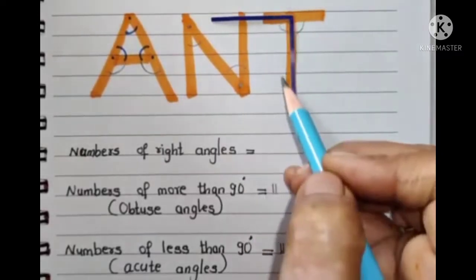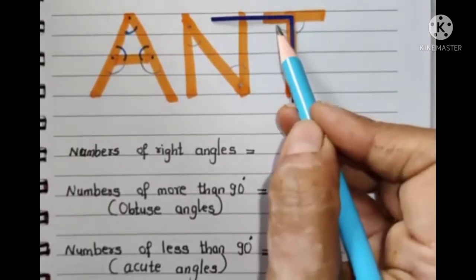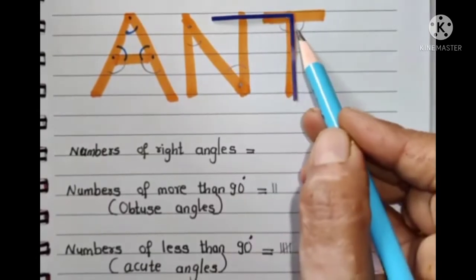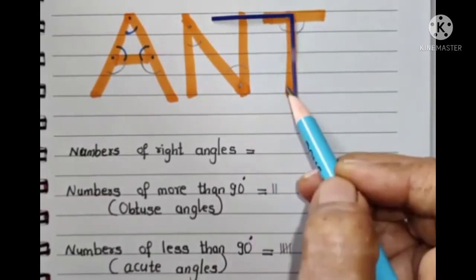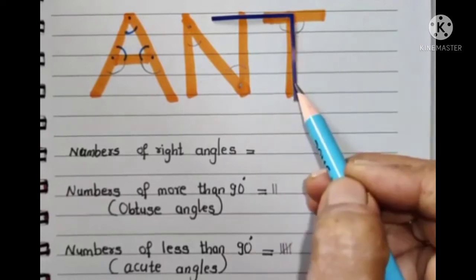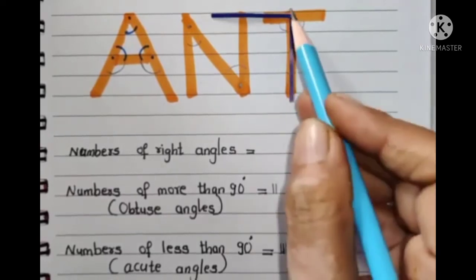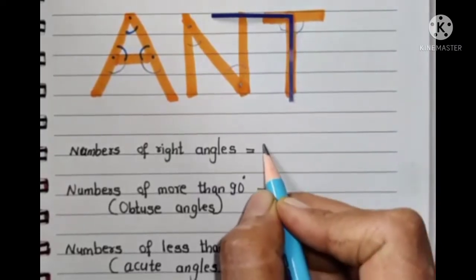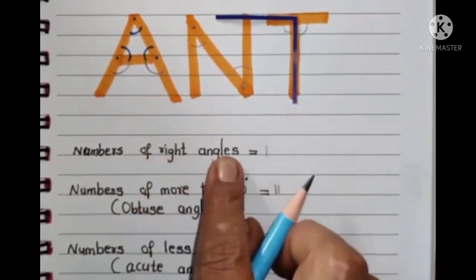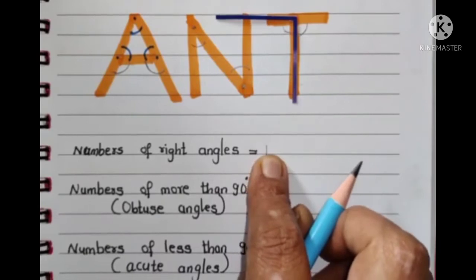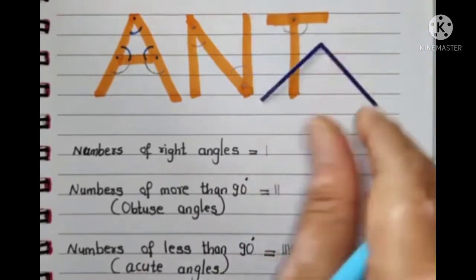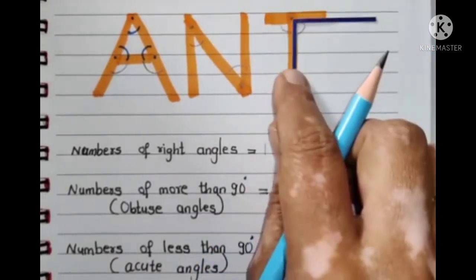It's overlapping completely, correct? It has reached 90. That's why this line is overlapping this arm of 90, and the orange line is also overlapping the arm of this 90 degree. So what is this? This is a right angle, 90 degree. So we will put one line in the number of right angles, that is 90 degree. Okay. Now turn this. We are going to see this one.